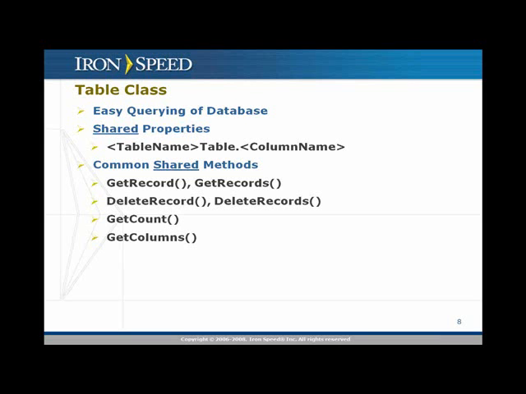So in effect, when you say customers table dot get records, the first part of your SQL, select star from customers, is written effectively for you, and you only need to specify the second part, which is the where clause and the order by, as parameters to get records. And then you also have something like get count, which is equivalent to select count star, and get columns. Get columns simply gives you the schema that is available.